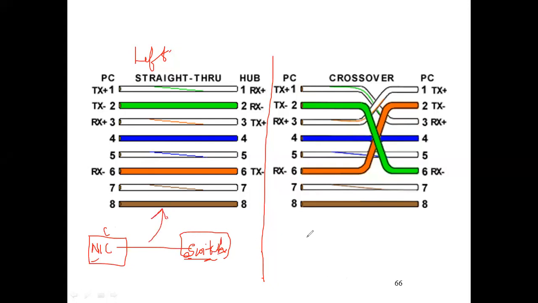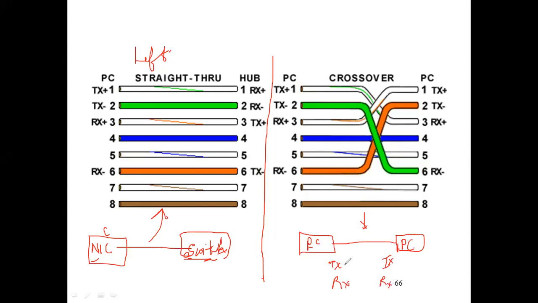Whereas in this case, where we have similar devices, like you can see the PCs, right, which is connected to another PC, then we need a cross cable, right? Because as we know, the TX is in the same position over here and here, and over here RX and RX, right?